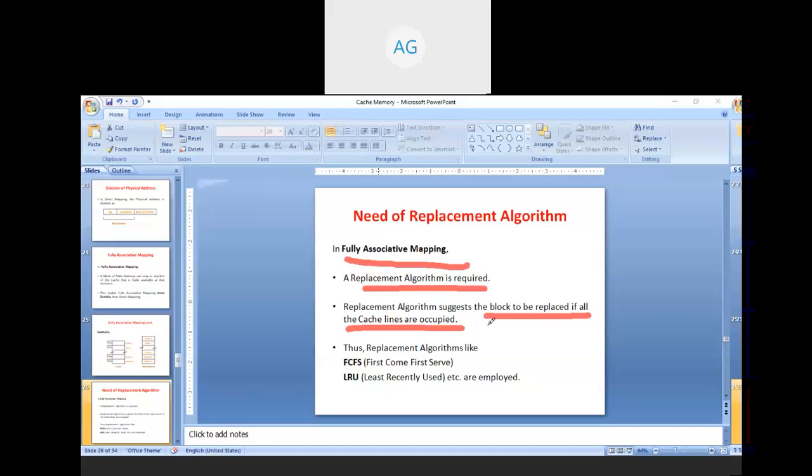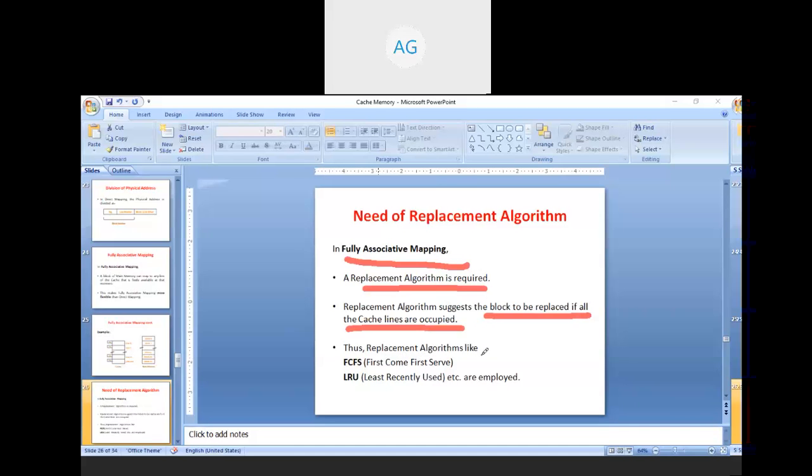It is needed when all the cache memory lines are fully occupied and we need to transfer a block from the main memory to the cache memory. As all are occupied, we need to replace one cache line in order to transfer the required block from the main memory to the cache memory. So here a replacement algorithm is required.